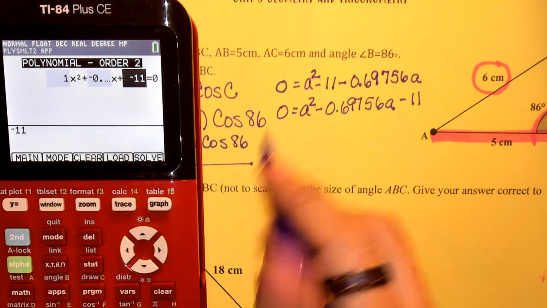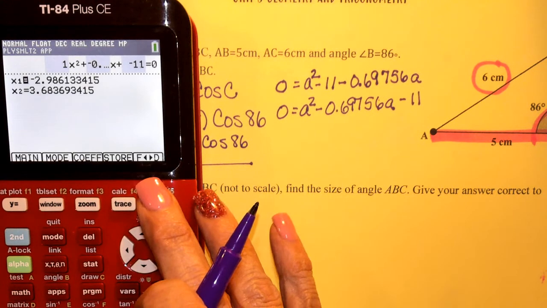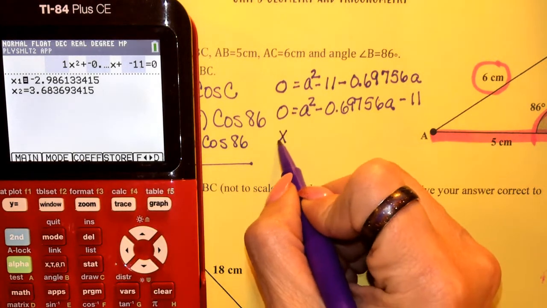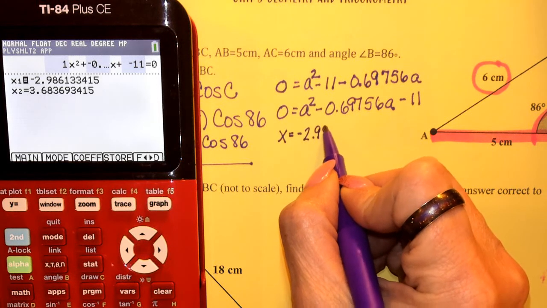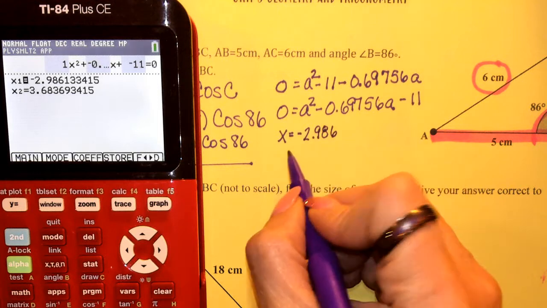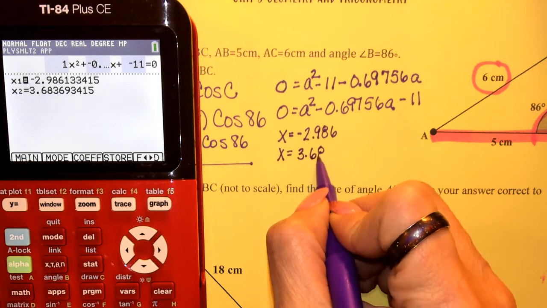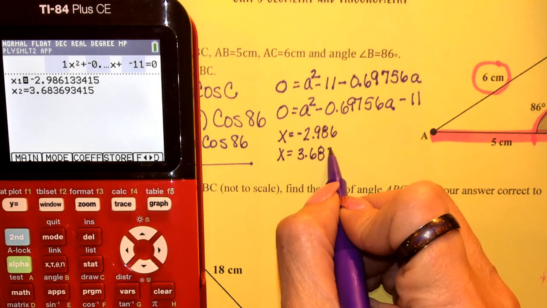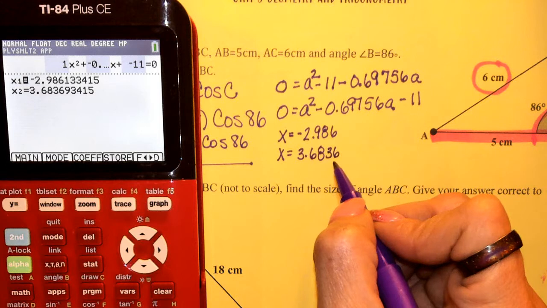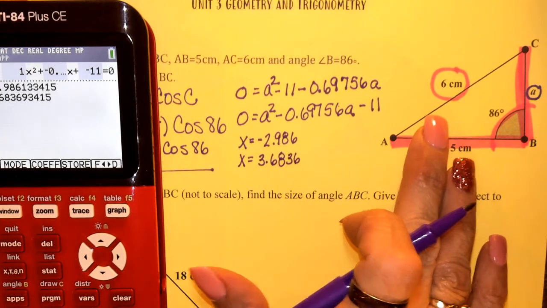What you do on this is you're about to factor this. So you hit solve. Here's your answers. You get x equals negative 2.986 and x equals 3.6836. Now, we are looking at the side of a triangle.